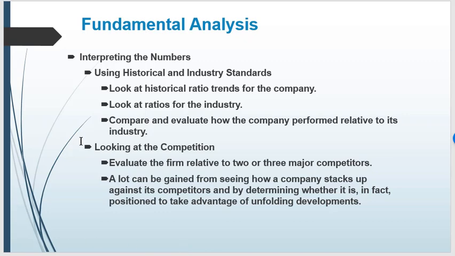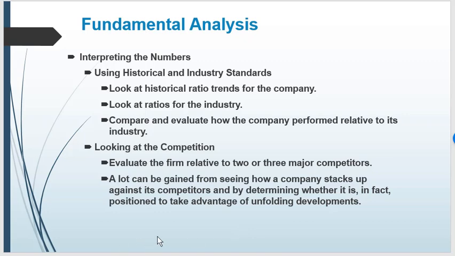We also might want to look at ratios for the industry or for the competitors. This will give us a better view of how the company stacks up and where it fits in the hierarchy or rankings of a company in its industry or compared to its competitors.